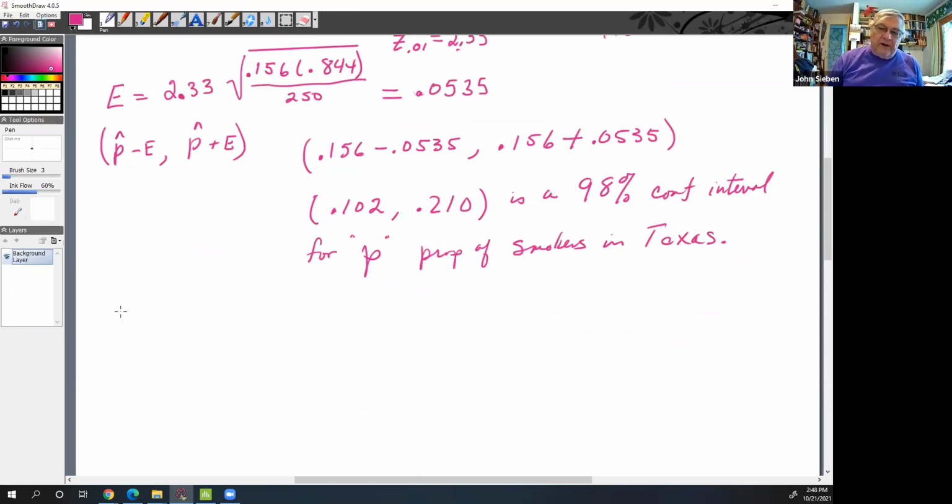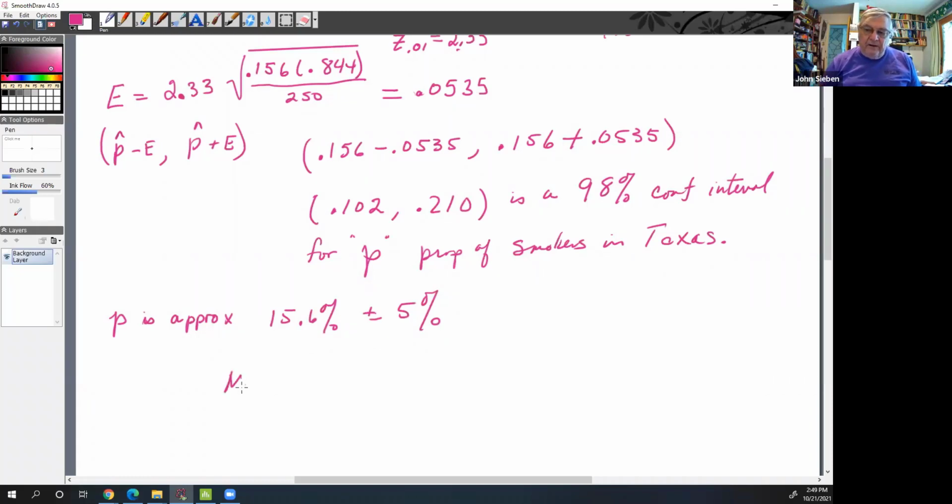A pollster might say p is approximately 15.6% plus or minus 5%, rounding the 5.3, the 0.0535 margin of error, to 5%. They say the same thing, but that's basically what the pollster would tell you.